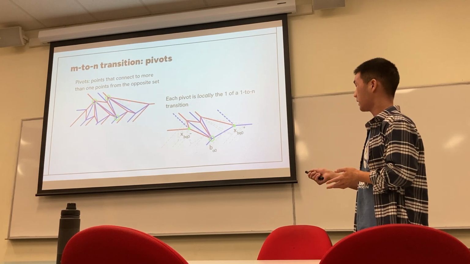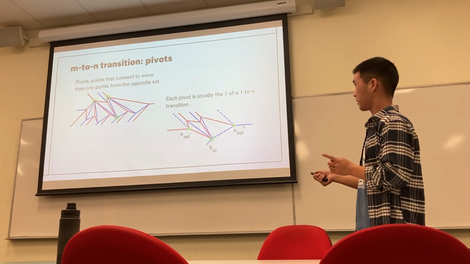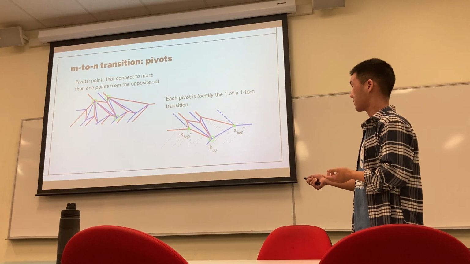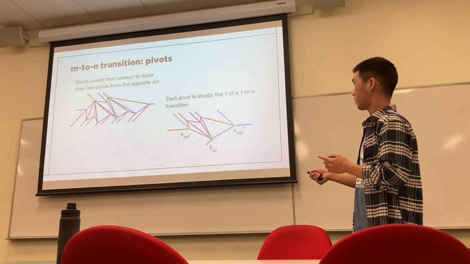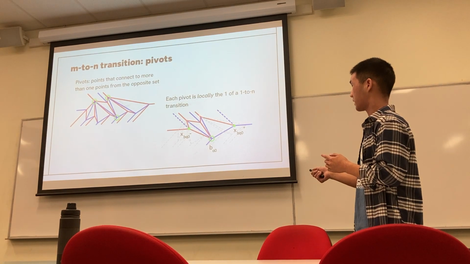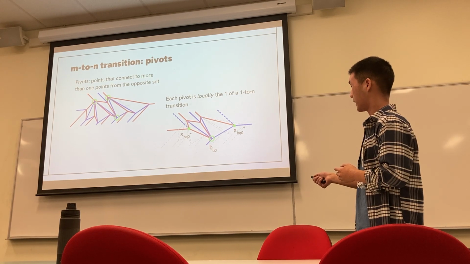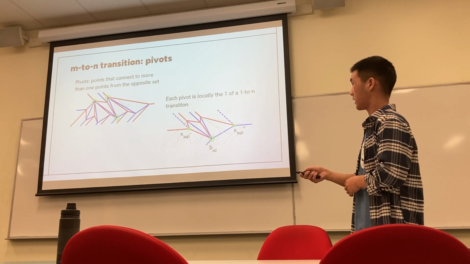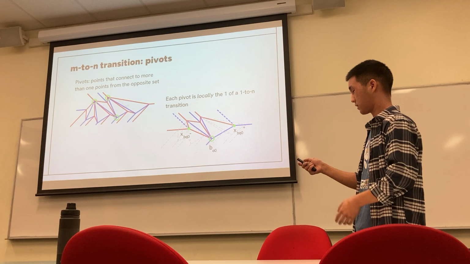Again, these are auxiliary, and we don't know exactly where they are, but we do know one equation. Because this is a 1 to n transition, whatever these locations are, we know that x minus, a1 plus a2 minus a3, plus x plus must be equal to the position of this pivot. Essentially, we're using the 1 to n alternating sum. So basically, we don't know what these are, but it gives us an equation.